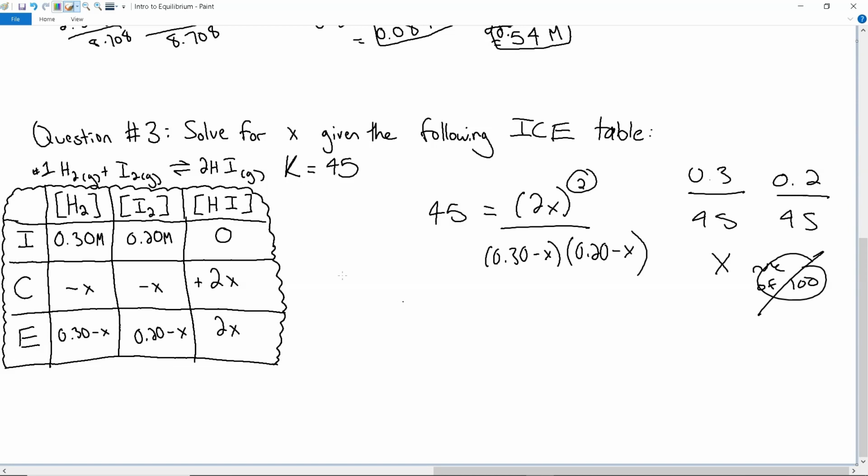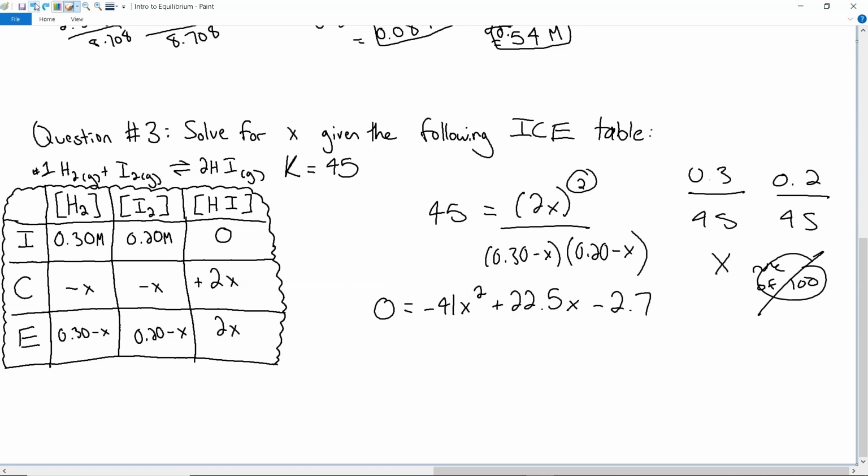So I will spare you that. Hopefully you can do that on your own. If not, there's tons of great videos online going over the quadratic equation. But basically, if we expanded everything out and set up a quadratic equal to 0, we would get this wonderful equation.